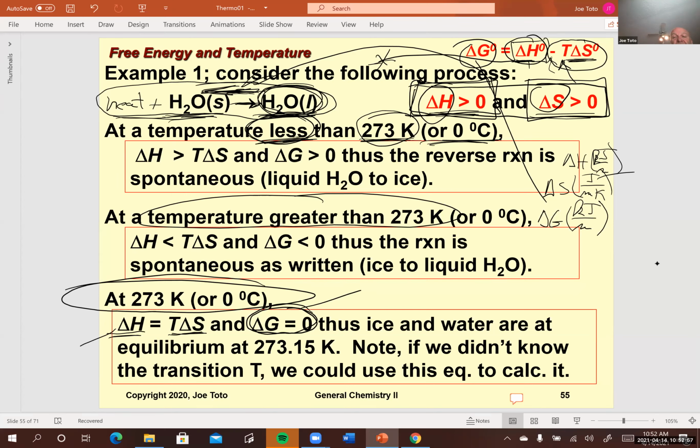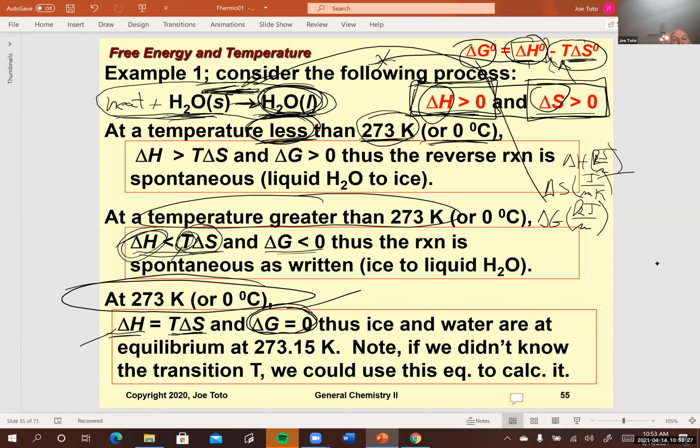And sure enough, if we put in our signs and we say, okay, now this term here at temperatures greater than 0 degrees or greater than 273, temperature getting larger, this term's going to outweigh the positivity of delta H, make delta G negative, and make the melting of ice spontaneous at higher temperatures.